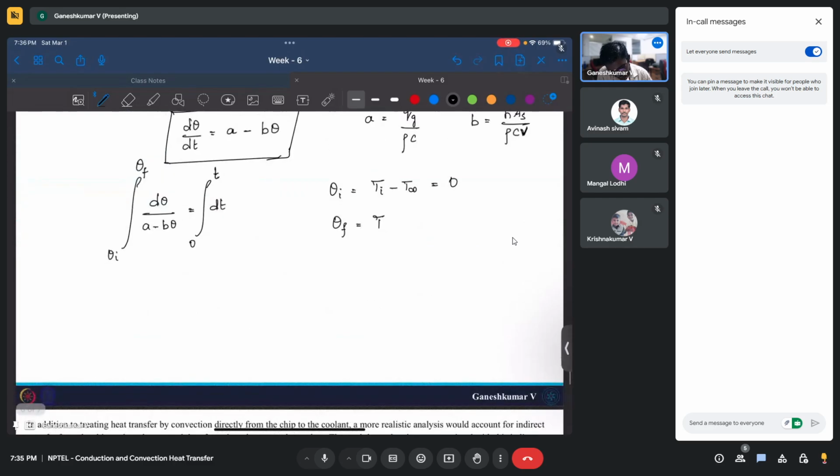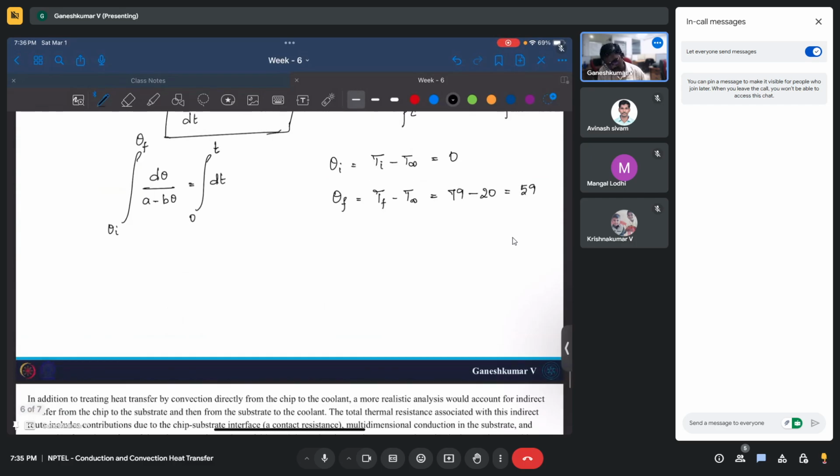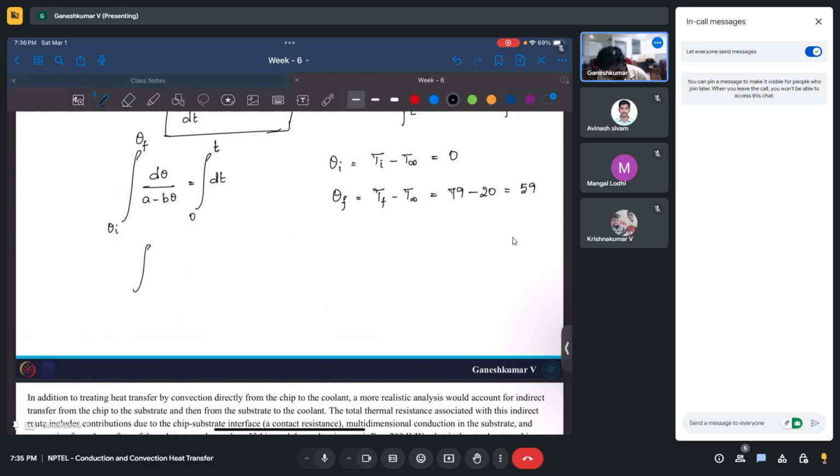So it is going to be T final minus T infinity. T final is 79, minus 20, so this would be 59. That is what I need to do. I need to go from 0 to 59.